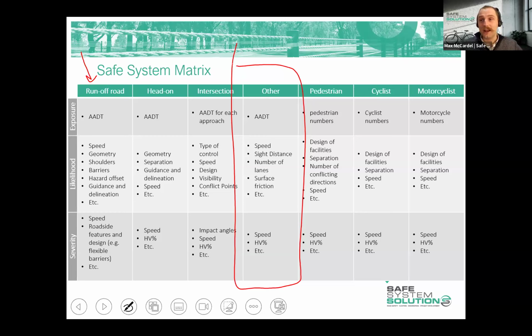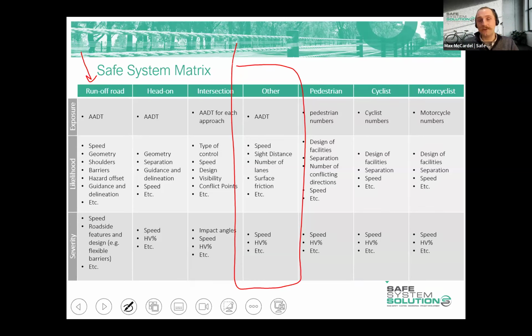An example of an other crash would be a side swipe crash, so changing lanes and those types of crashes, or parking vehicles as you're getting out of a car park, if it's angled parking and you have a rear end type of collision, that will be placed in the other.